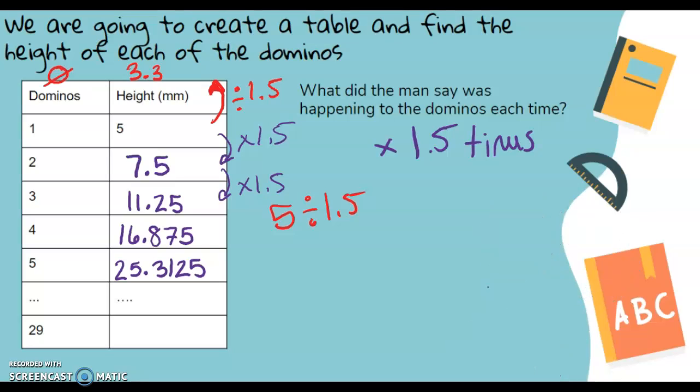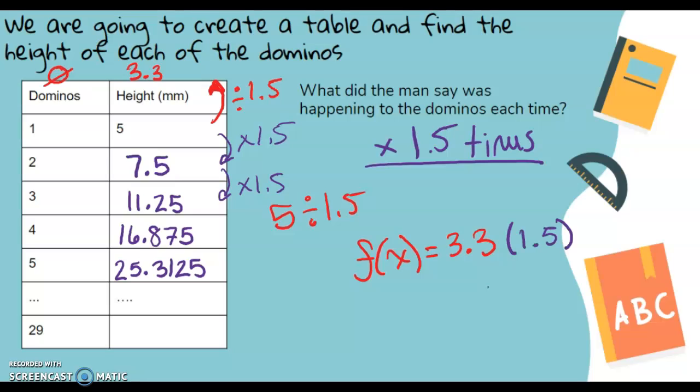So if I was going to create a function for this, f of x equals, I know that my original height is 3.3. And I'm going to multiply that, so I put parentheses around what it's increasing by each time. It's increasing by 1.5 times.